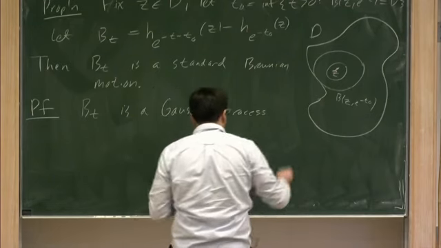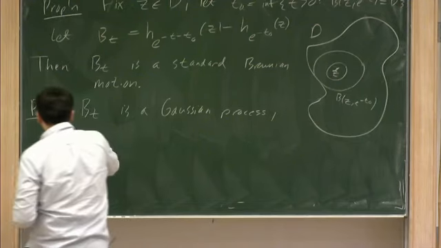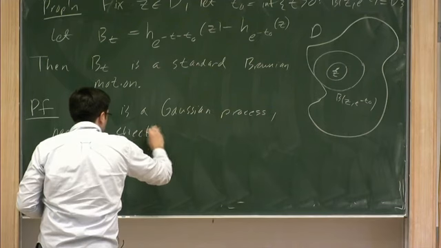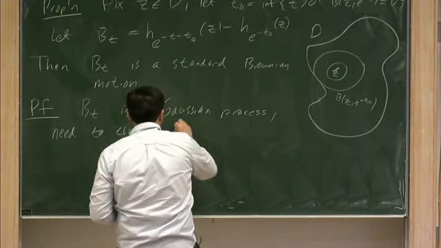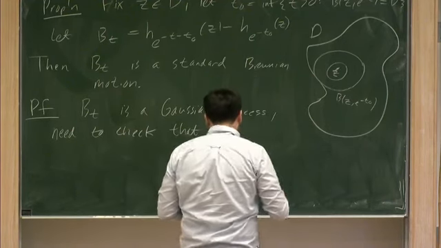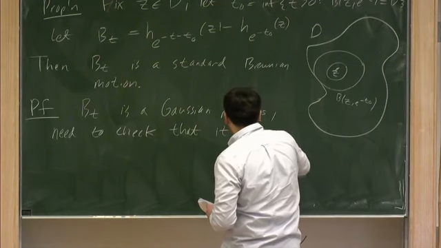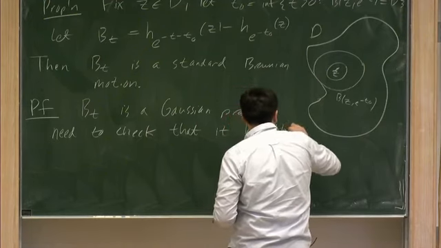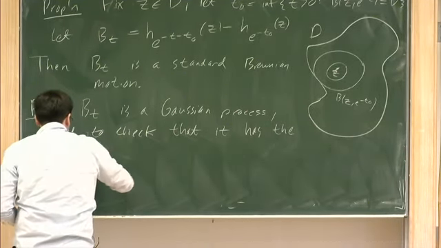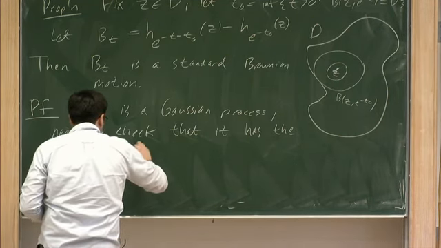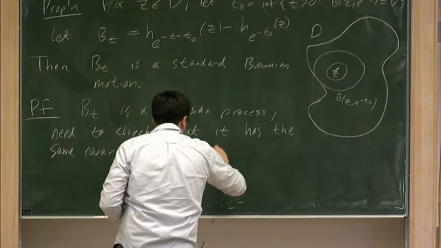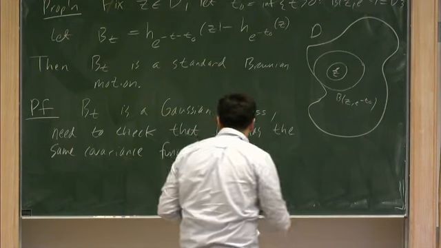And so all that you need to do is check that this process has the same covariance function as Brownian motion.